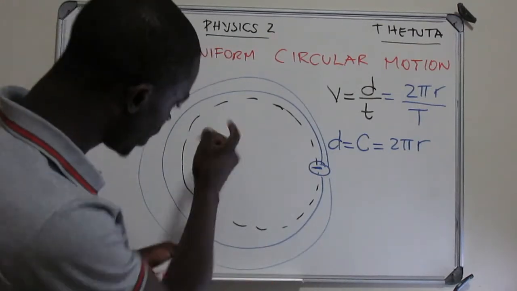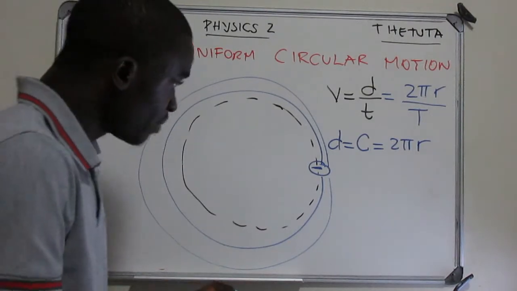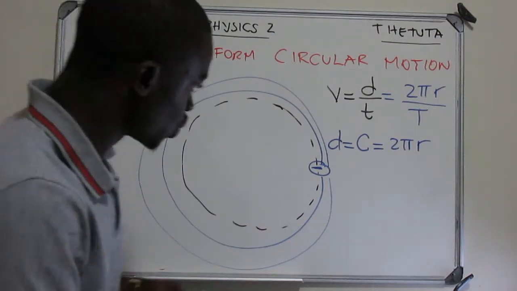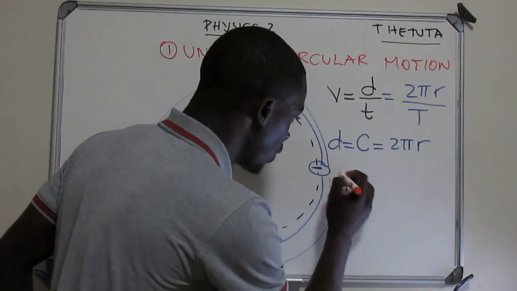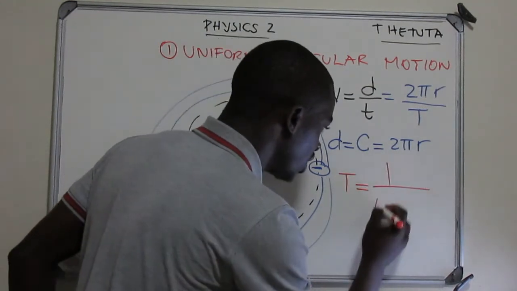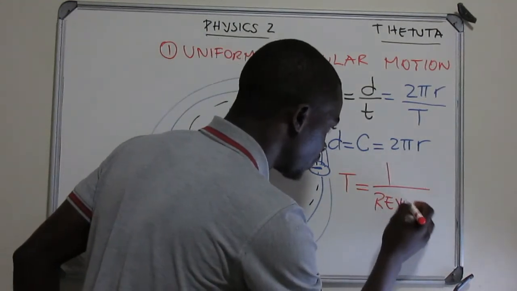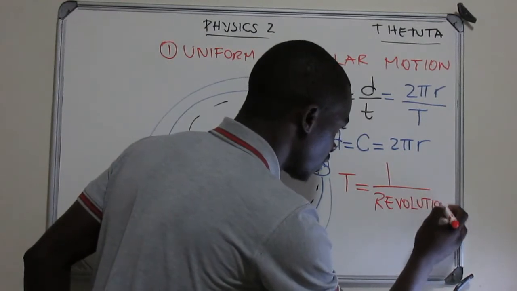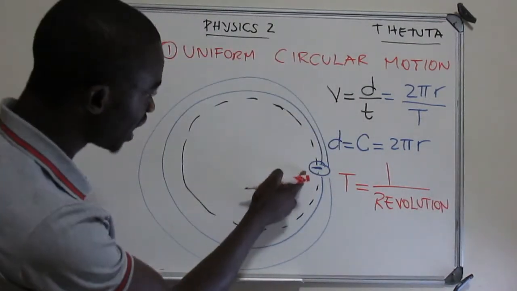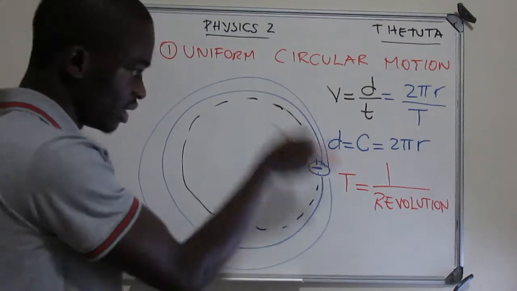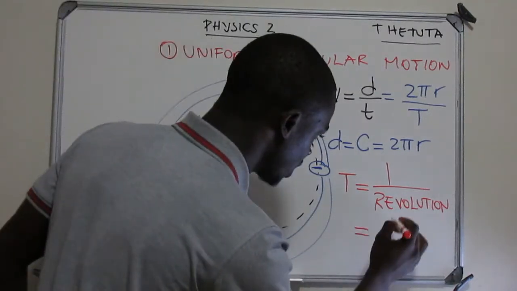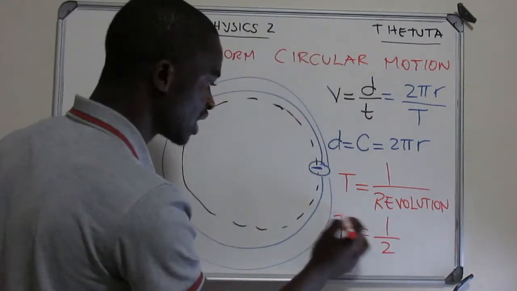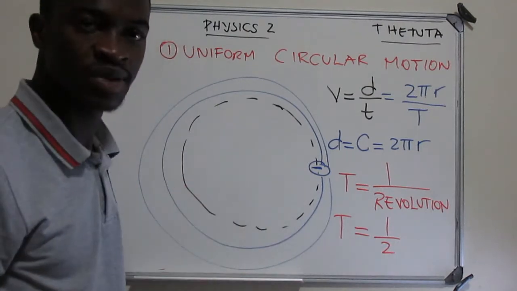So what about the revolution? When we talk in terms of revolution, the period is going to be given by 1 over the number of revolutions. For instance, if they say this car turns twice in a circular motion, what do we say? We say 1 over 2. So we can determine the period of this person, okay?